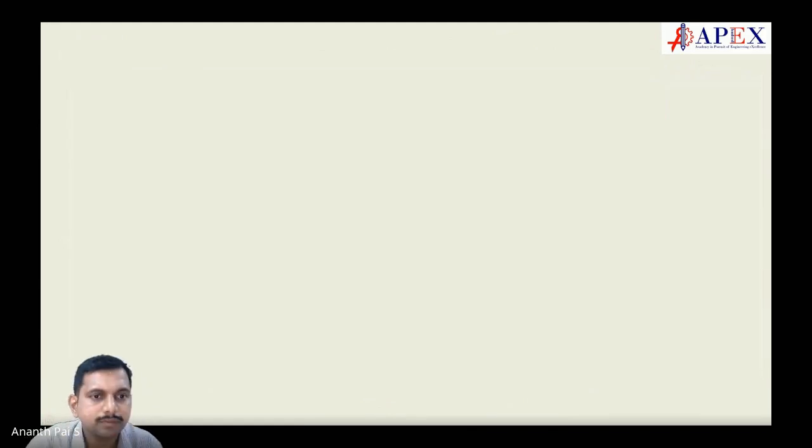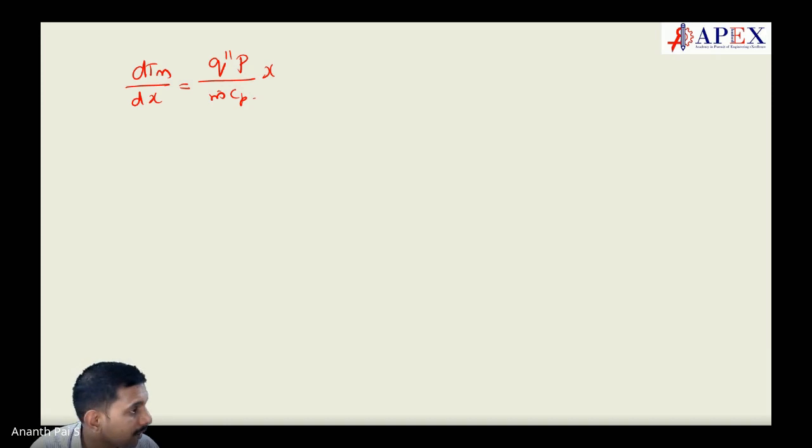So let us do that. dTm by dx is equal to q double dot into perimeter into x divided by m dot cp, correct? Do that and see. So q double dot is 2500 x square by m dot cp, and P is perimeter.